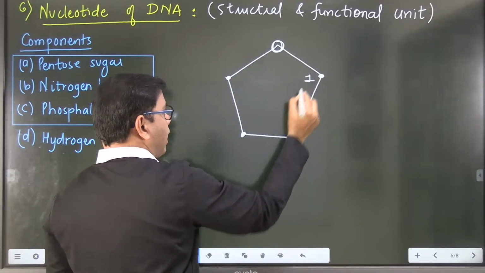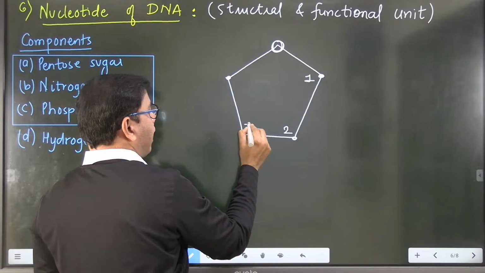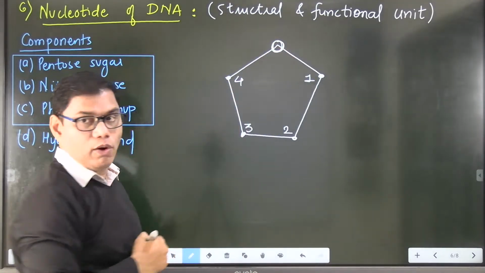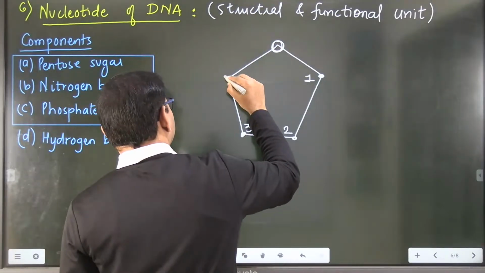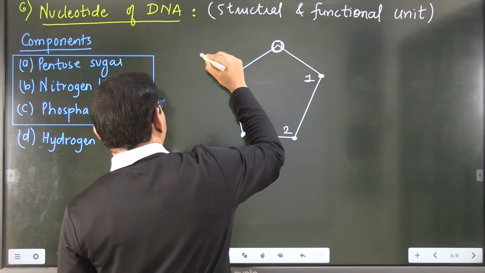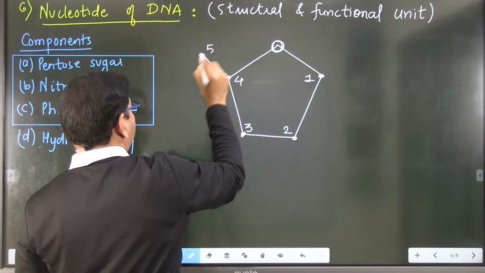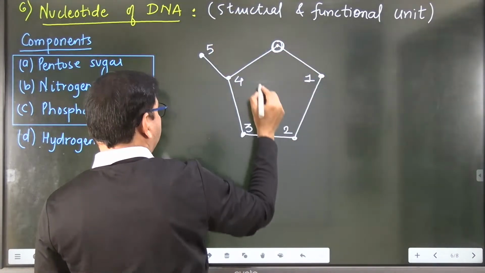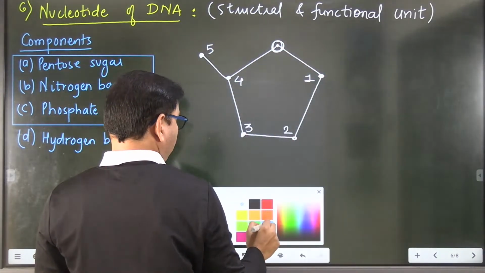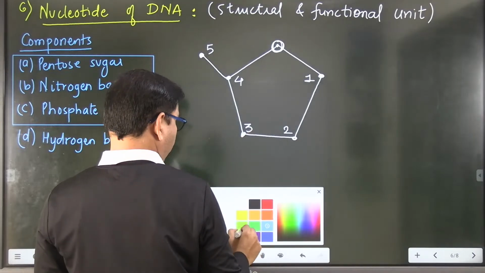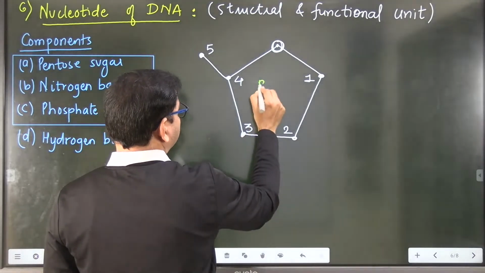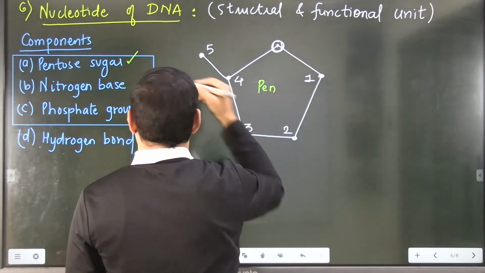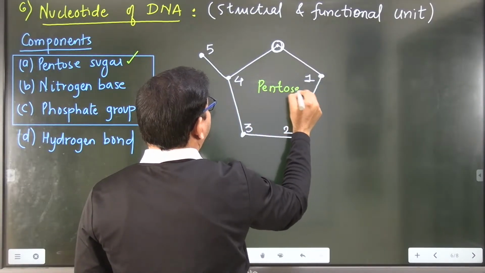So this is the first carbon, this is the second carbon, this is the third one, this is the fourth one, and this place was taken by oxygen, so the fifth carbon is outside. Write 5 here. Correct? So oxygen here and 5 carbons. This is pentose sugar. So out of 3 components, we have taken care of the first one, which is called pentose sugar.